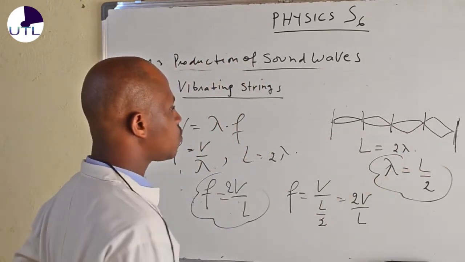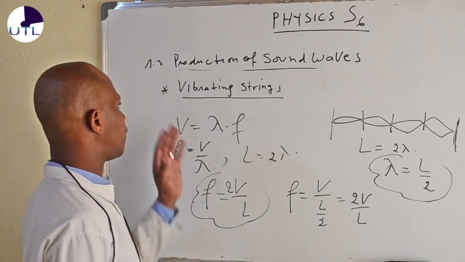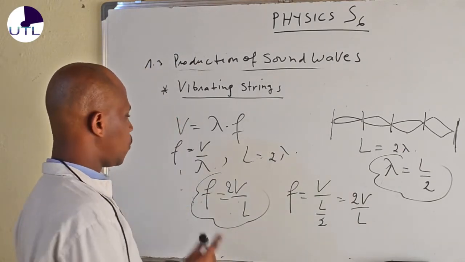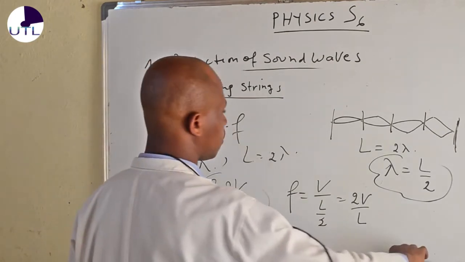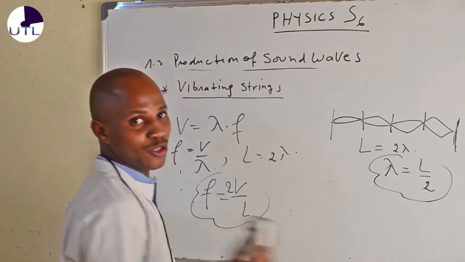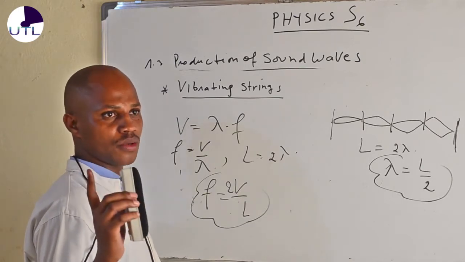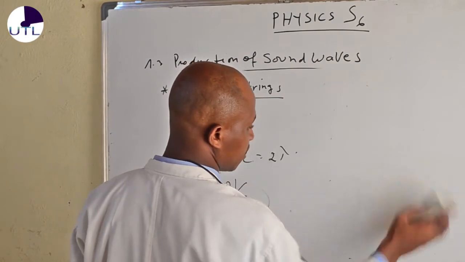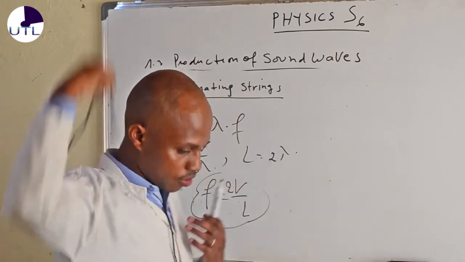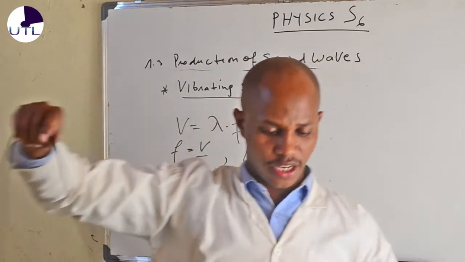Now we need to know the general formula for the vibrating string. If I know 2 times V over L, remember, very interesting. Don't you see that in strings we have a specific speed? You may ask yourself, what is the tension?